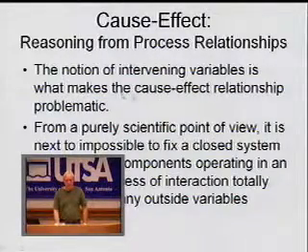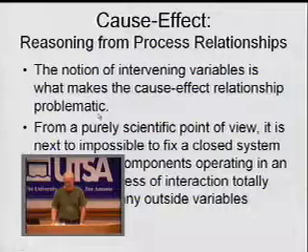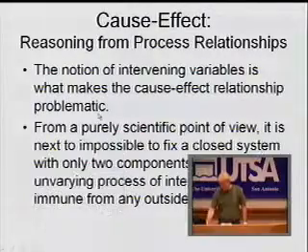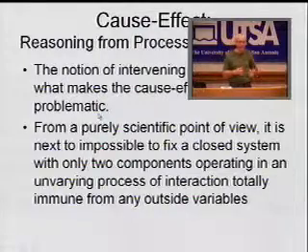So it's the notion of the intervening variables that makes the cause-effect relationship problematic. You know, so you think you've got it, and then somebody will come along and say, well, did you control for this, or did you measure that? And it's very frustrating because all of a sudden you can realize that you missed a key point. Too late, the experiment's done.